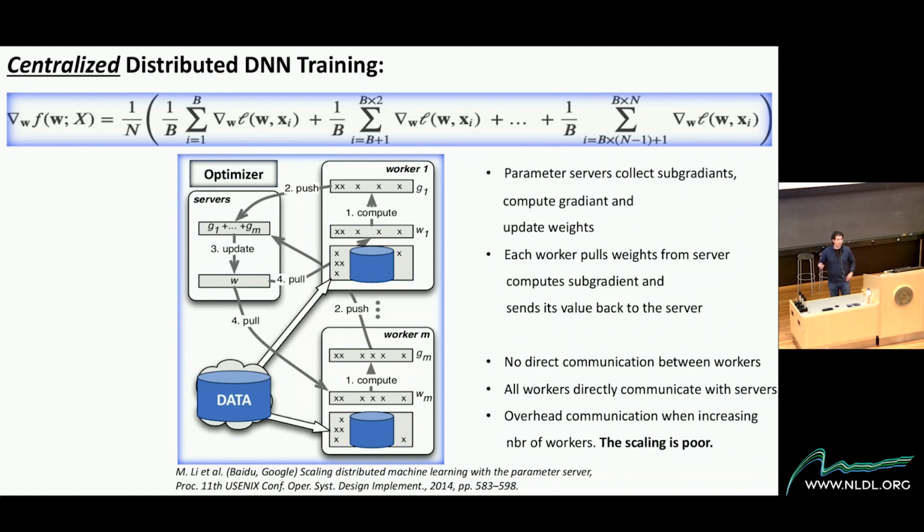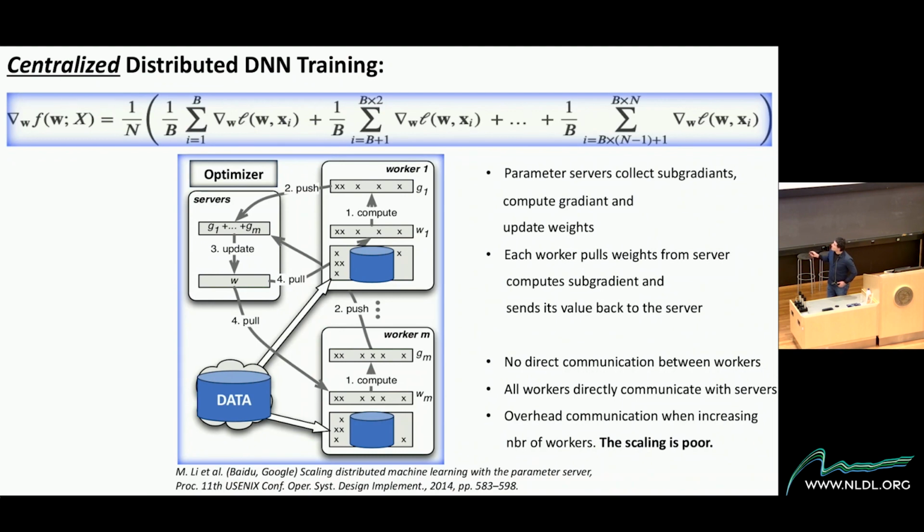But then you need to aggregate all the sums in order to update the new weight. So the workers get the weights from the server. They need them in order to compute the gradient. So now each worker is computing subgradients. In order to get an update of the weight, you need to aggregate all the subgradients and then generate new weights. So that's what happens.